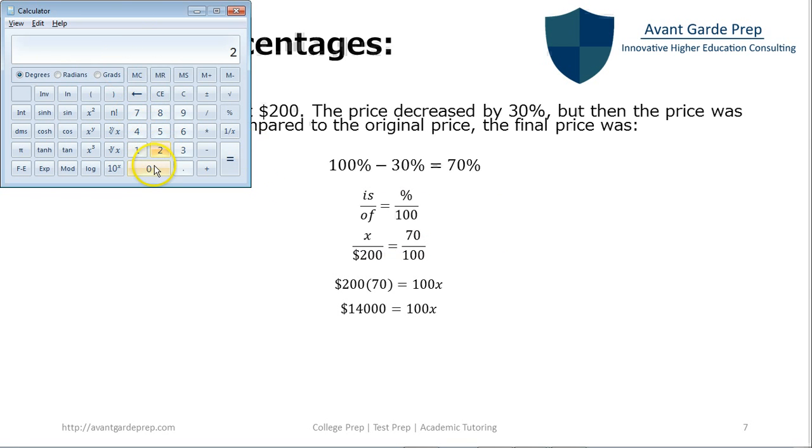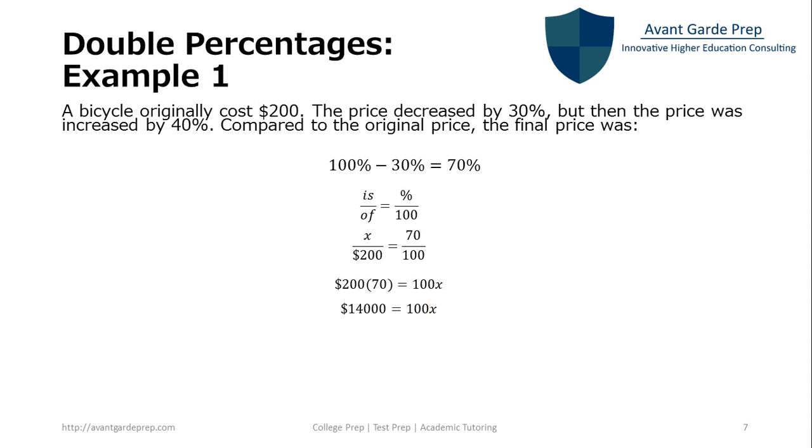We'll have 200 times 70, and that equals 14,000, equals 100 times x. Now we'll divide by 100, and that'll give us the new price after the discount of 30% is taken, of $140. So after the price initially decreased, the new price was $140.